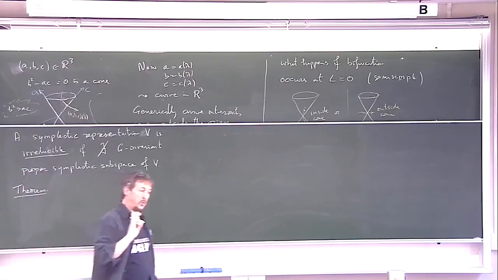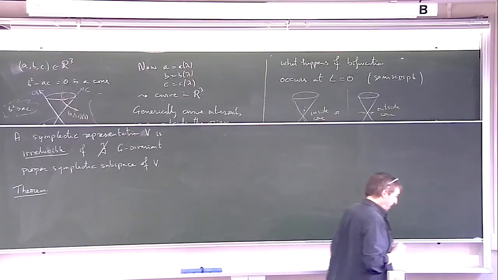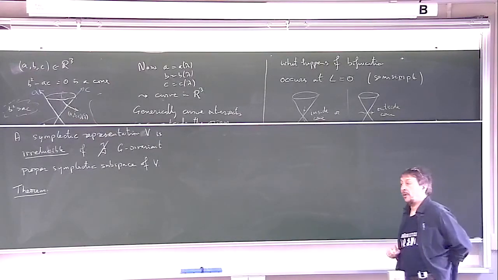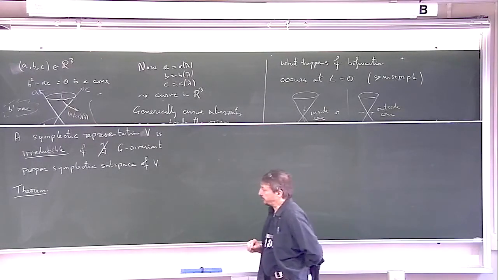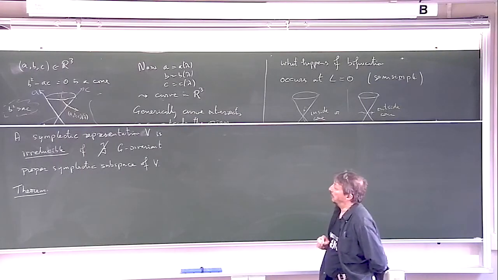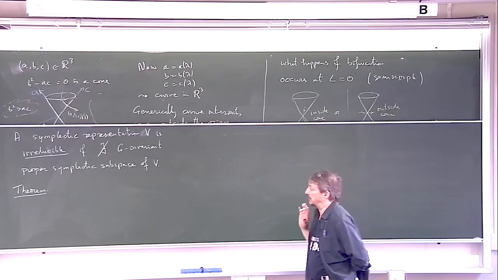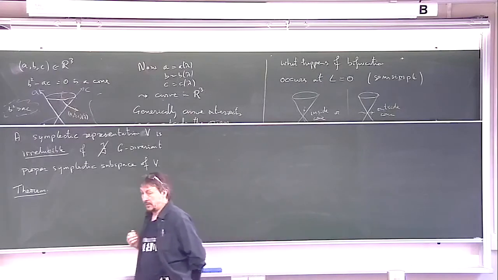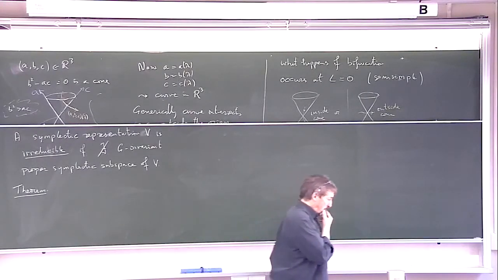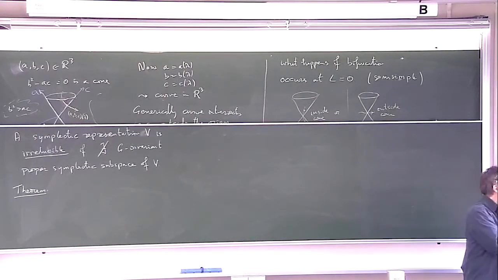So if we ignore the word symplectic, there are two types of irreducible representation over the reals. In complex, there's sort of one type, but no, what am I saying? There are three types.